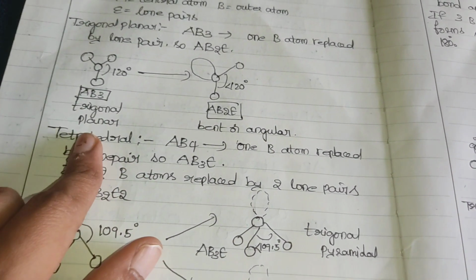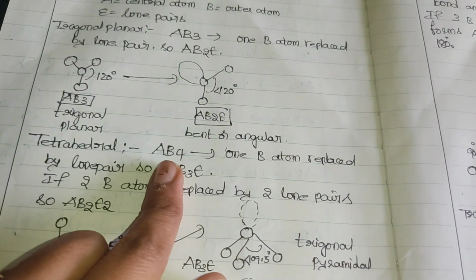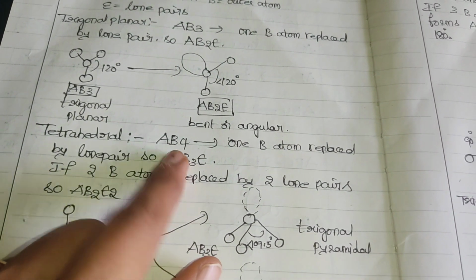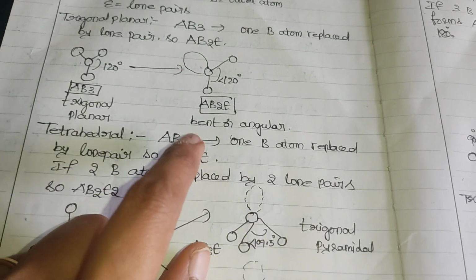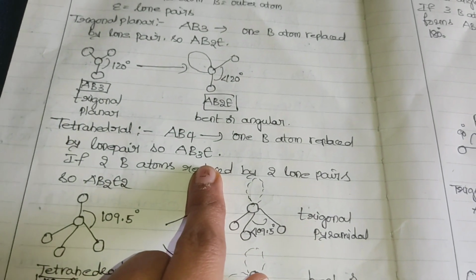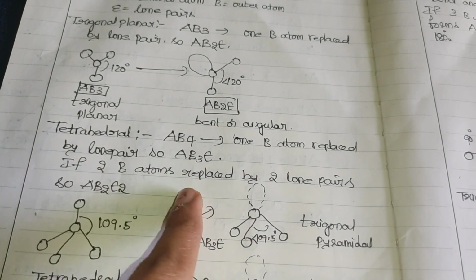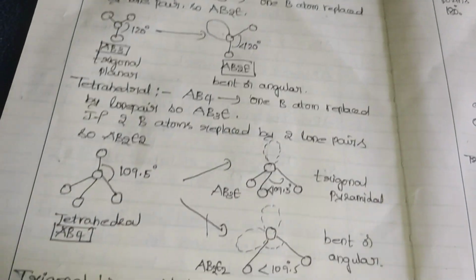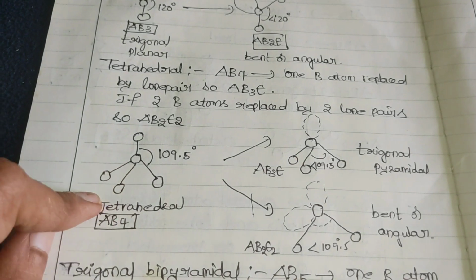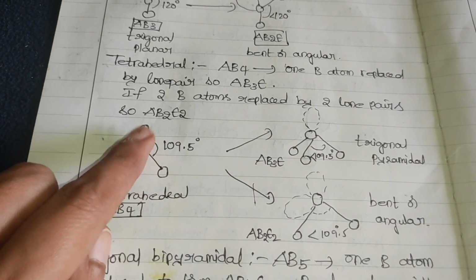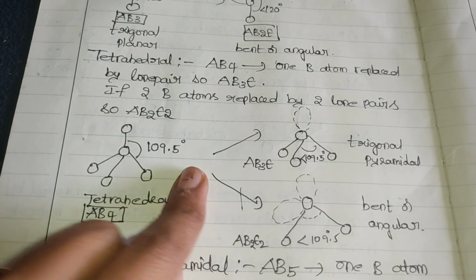Like this the shape is distorted and the bond angle is decreased. Next, the tetrahedral shape in the case of AB4. If one B atom is replaced by a lone pair E, it becomes AB3E. If two, then AB2E2. The normal shape of AB4 is tetrahedral with a bond angle of 109.5 degrees.